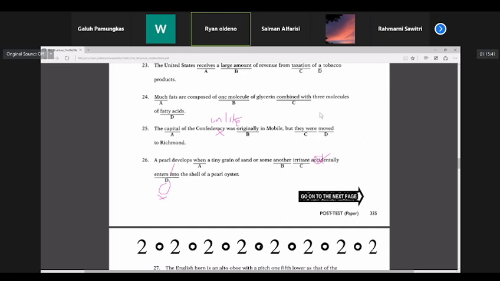Yes, ma'am. My answer is B. A pearl develops when a tiny grain of sand or some another irritant accidentally enters into the shell of a pearl oyster. Let's see.